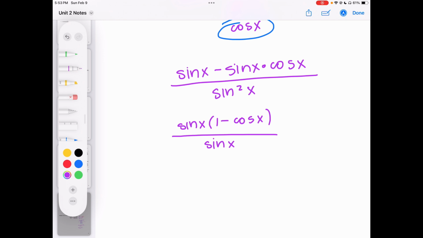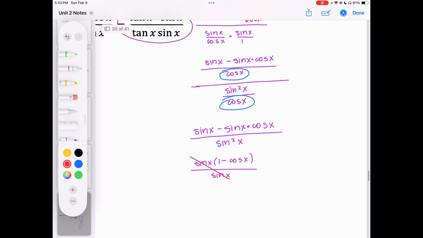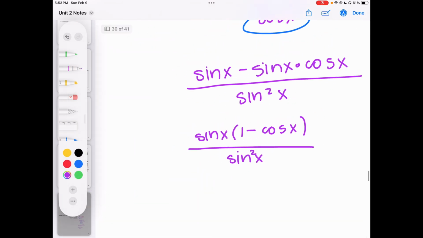When that cancels out, okay, make sure I haven't missed anything here. Oh, I have missed something. I missed my square. There it is. When this top part cancels, the bottom cancels out with the square, so you're only left with one sine instead of squared sine.